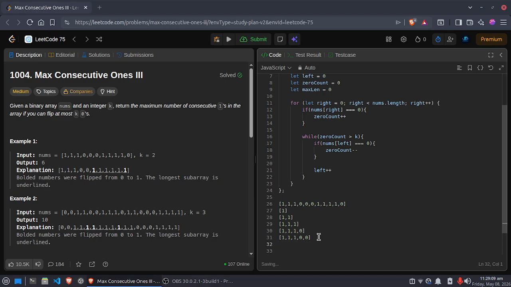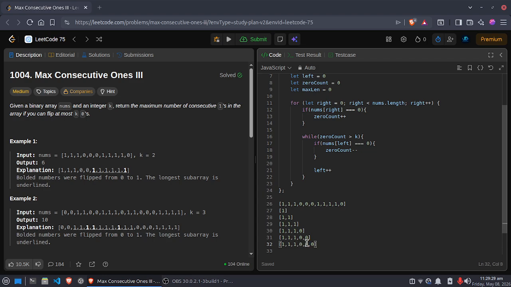Now the sixth time, when I write 1 1 1 0 0 0, this time the zeros are out of bounds, means k is equal to 2 and I can only flip two zeros from this subarray.